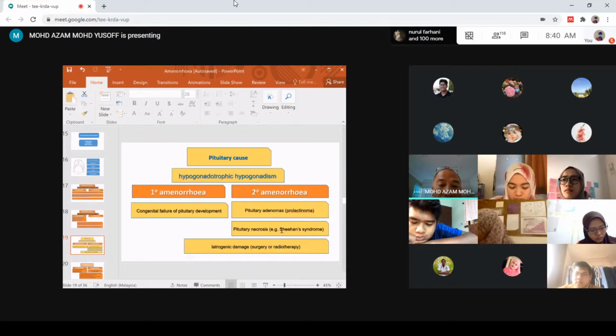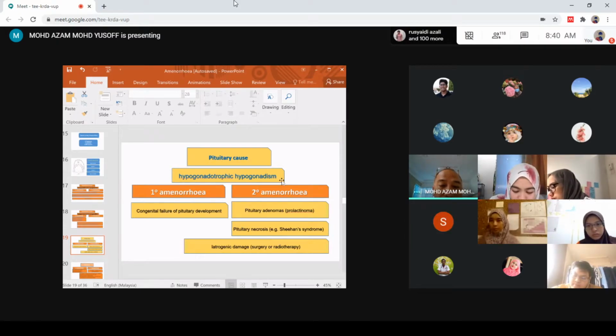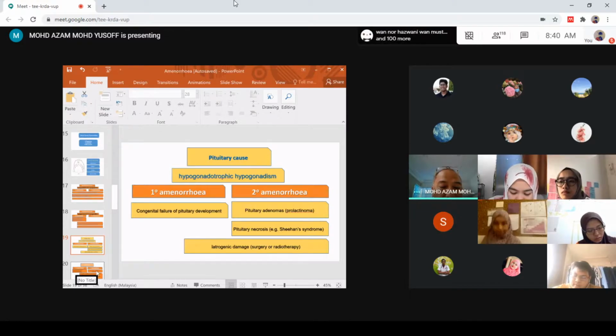Sometimes because of iatrogenic damage, whether the patient has had surgery or needs radiotherapy involving the brain, it can cause secondary amenorrhea. It can cause primary as well, but very, very rare. Okay, so far so good.